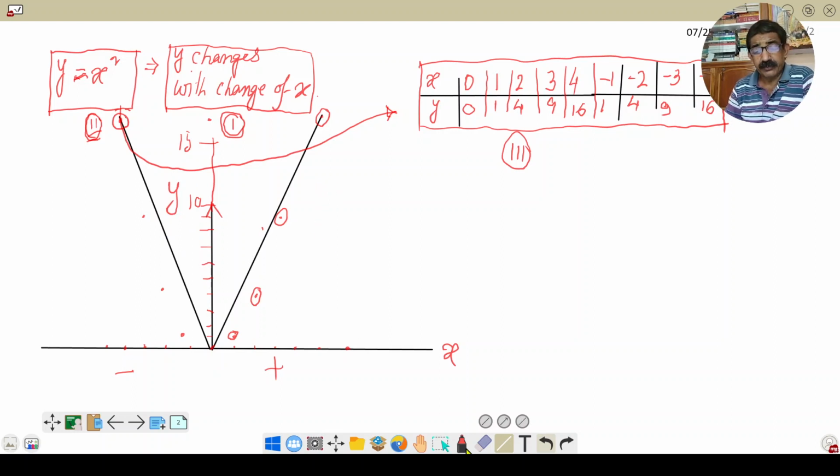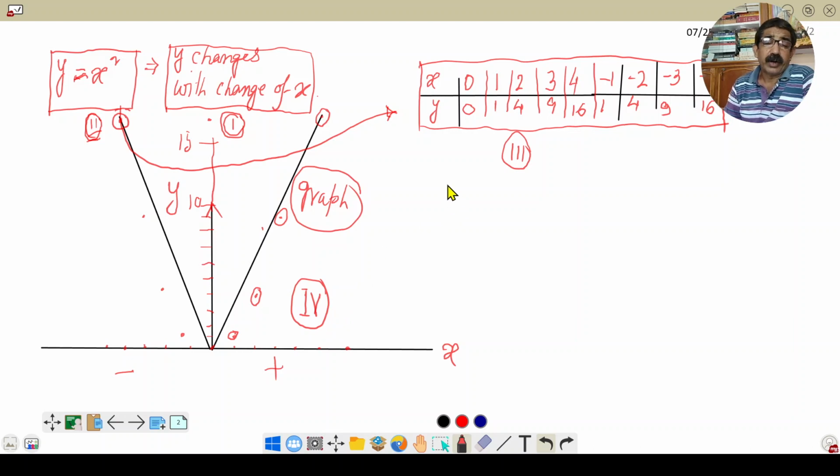This graph will represent the same information. So this is the way of informing, number 4 way. So first way, second way, third way, and fourth way.